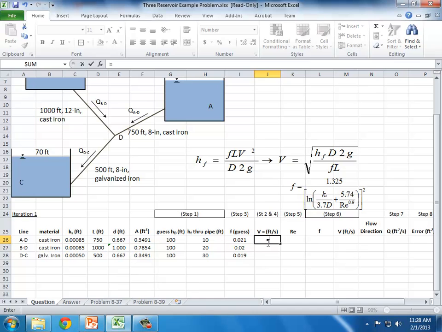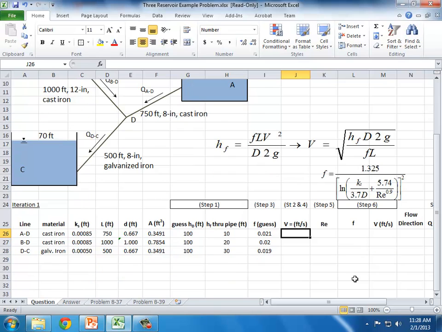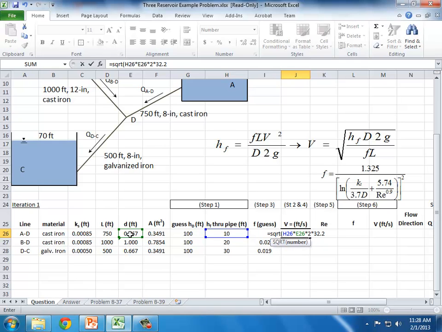So square root, actually let me zoom in a little bit. Square root of h sub f times the diameter times 2 times g, 32.2 since we're in traditional units, divided by f, which is I26, divided by the length.